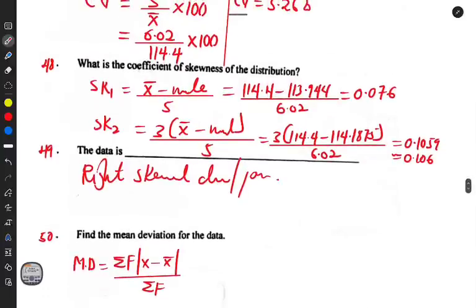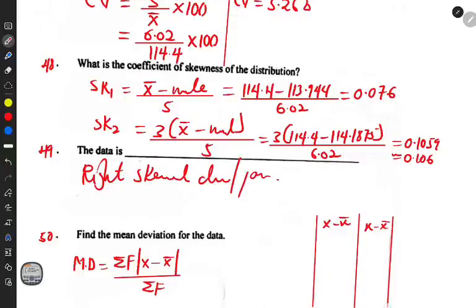So let's use the f values, and then let's bring it up here, then we multiply. So let's do the deviation, then we flow. So we have absolute x minus x bar, then we do our f times absolute x minus x bar here.